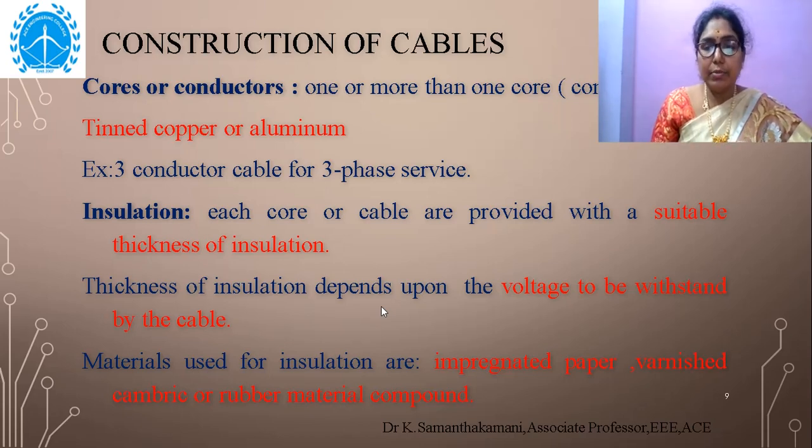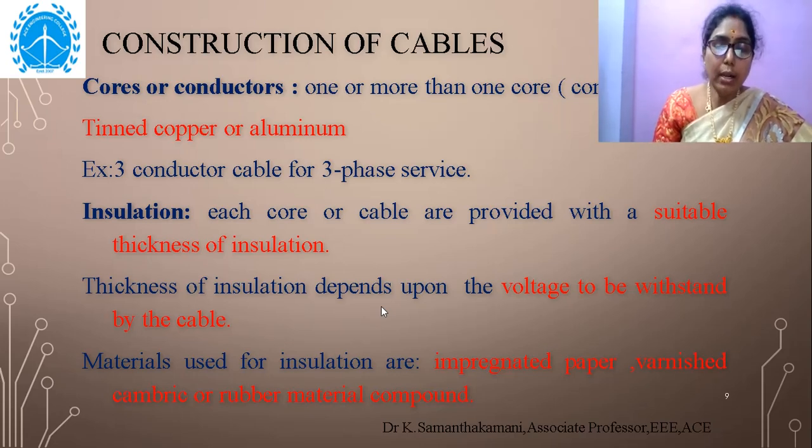There are different types of cables depending upon their voltage levels, and the insulation thickness depends on the voltage level required. The materials used for this insulation can be impregnated paper, varnished cambric, or rubber. These are the different options we have to make proper insulation around each and every core of the cable.